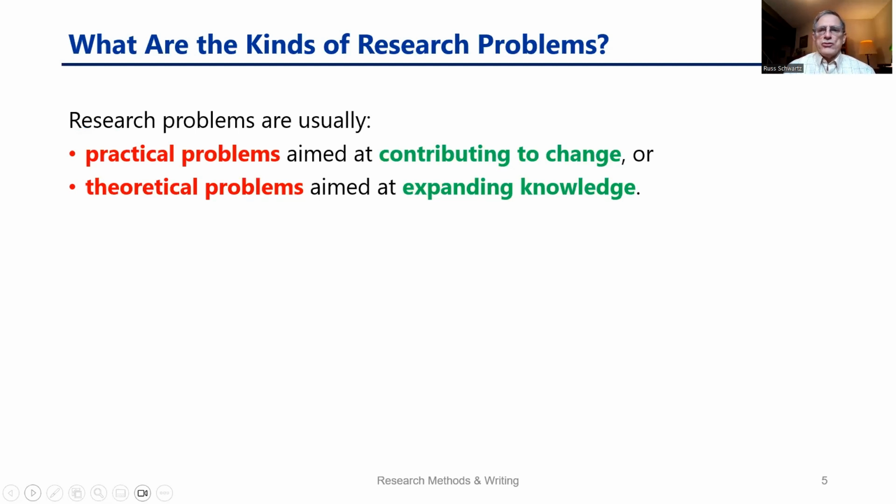Theoretical problems are ones aimed at expanding knowledge. Like we may know that something may be true for one group of people, but we don't know what's true for another group of people. Or we know how to predict some things, but we've never tried to predict other things. In the end, though, research is all about getting information, either about how to do something or how to understand something.